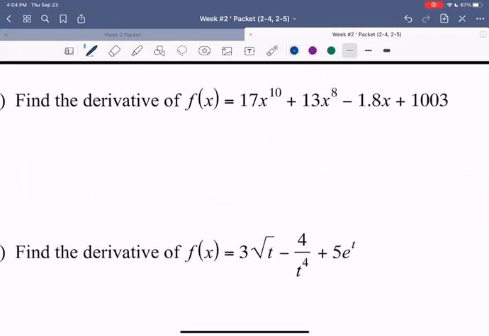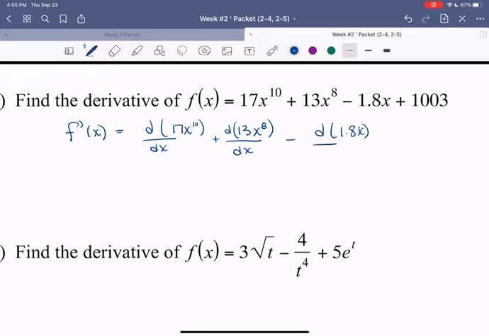So if we want to write it out longwise, f prime of x is going to be the derivative of 17x to the 10, plus the derivative of 13x to the 8, minus the derivative of 1.8x, plus the derivative of 1003.